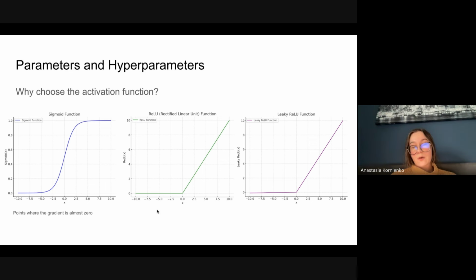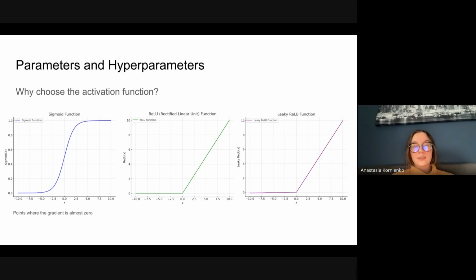Basically, for positive input, there is a constant angle, a constant direction, a good direction for gradient descent, and that's why the learning process is fast.